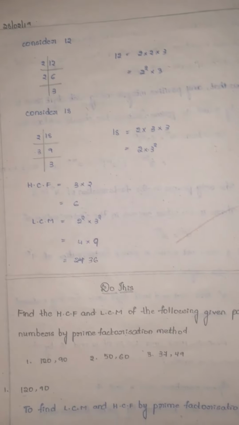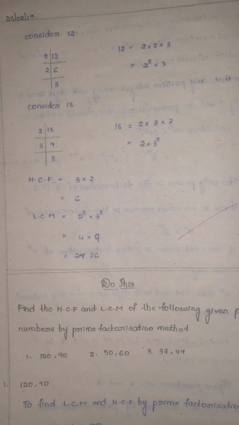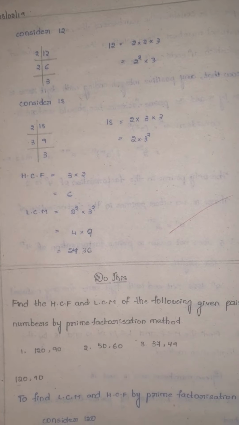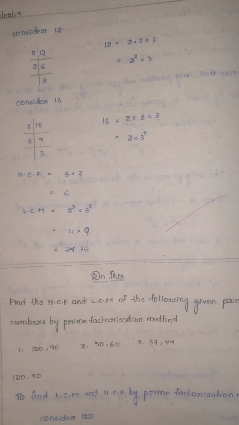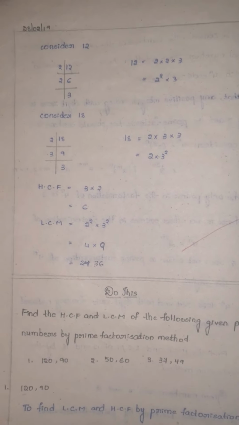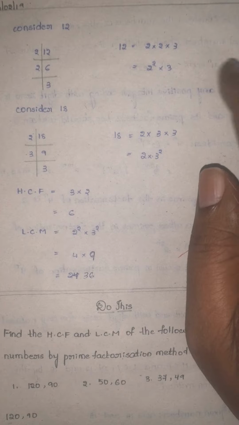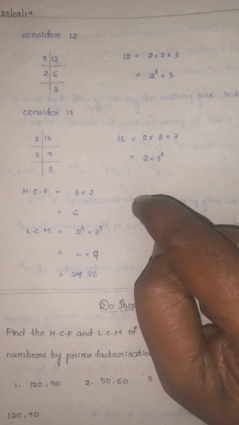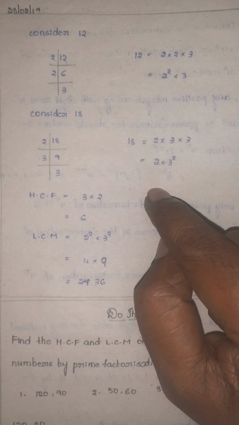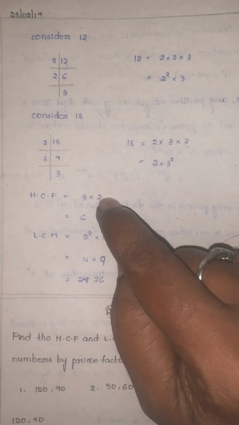So for HCF, I already told you the definition in previous classes: you should take all common primes with minimum power. So here 2 is there, here also 2 is there. In 2 power 2 and 2, what is the minimum power? 2, that you should write here.